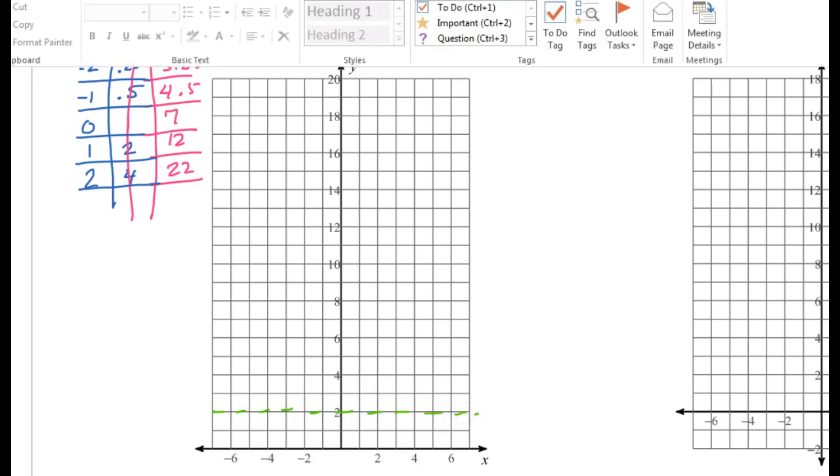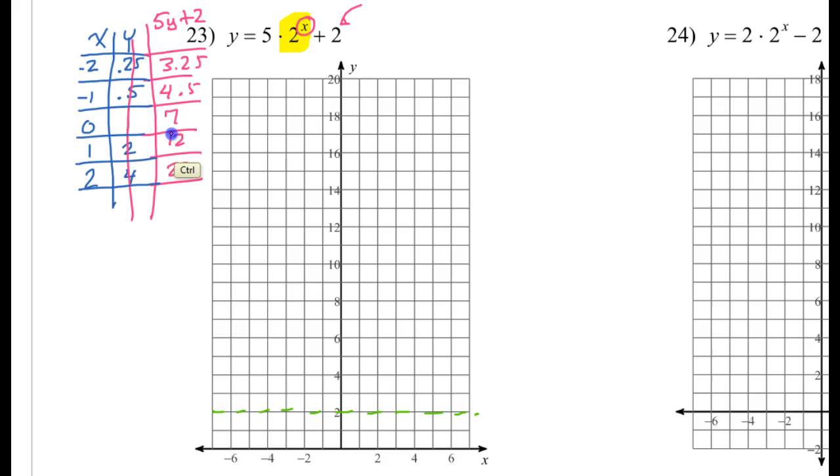All right, after that, you can just plot the points. So negative 2, comma 3.25 would be about here. Negative 1, comma 4.5 would be about here. 0, comma 7 would be about here. 1, comma 12 is going to be here.